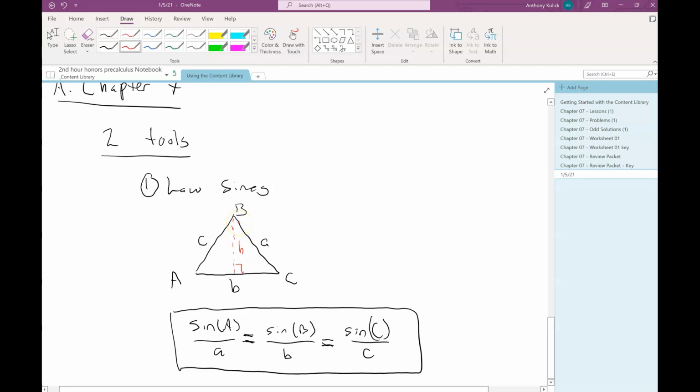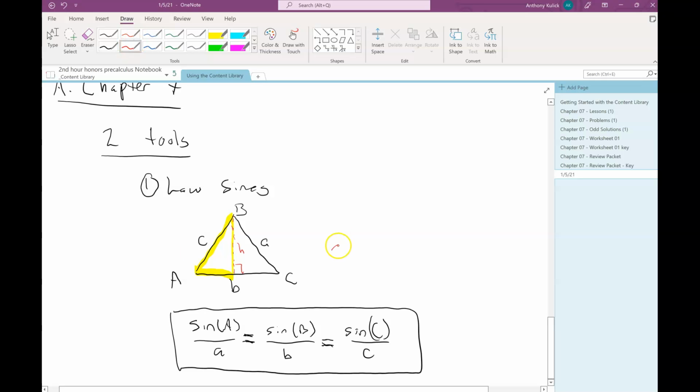I'm going to label that new perpendicular line as h, for height, because it's the height of the triangle. Everybody's okay with that?